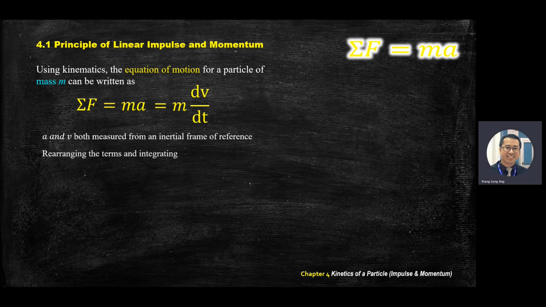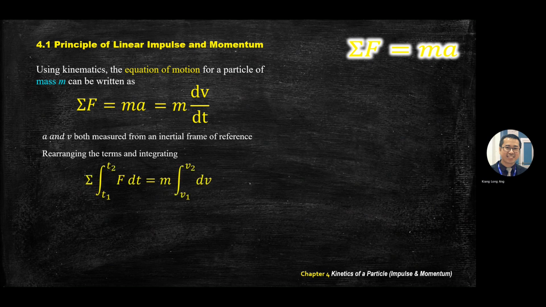When you talk about F equal to ma, previously our a we can define as dv divided by dt. When we integrate, we pull the dt to the left-hand side, so we can integrate the force multiplied by the time change.